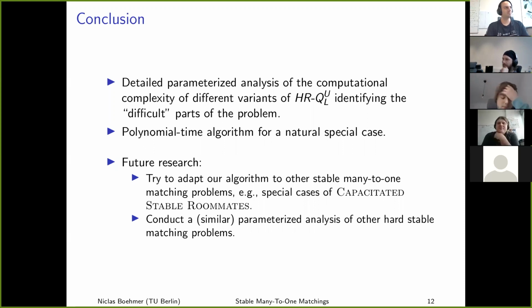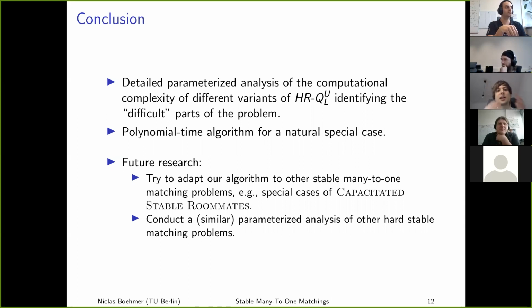Okay, any other questions? Maybe the preference of the hospital does not come into play for the reduction? No. At least, all our reductions don't utilize preferences of hospitals at all.